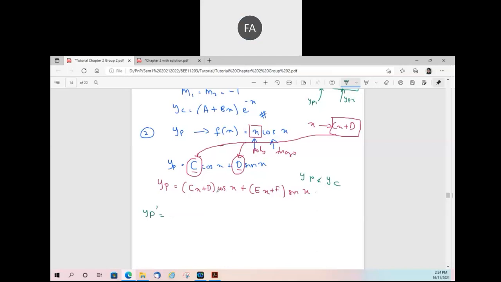So minus CX plus D sin X. Betul? Betul. Plus with, you differentiate this one, yang ni you remain. So you differentiate this one. What do you get? C.